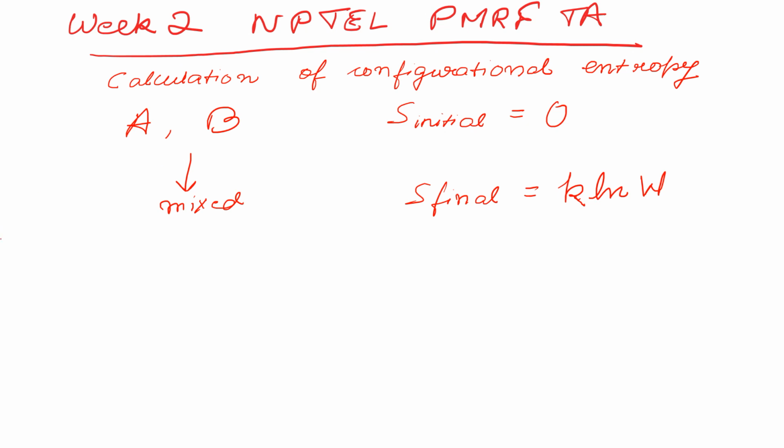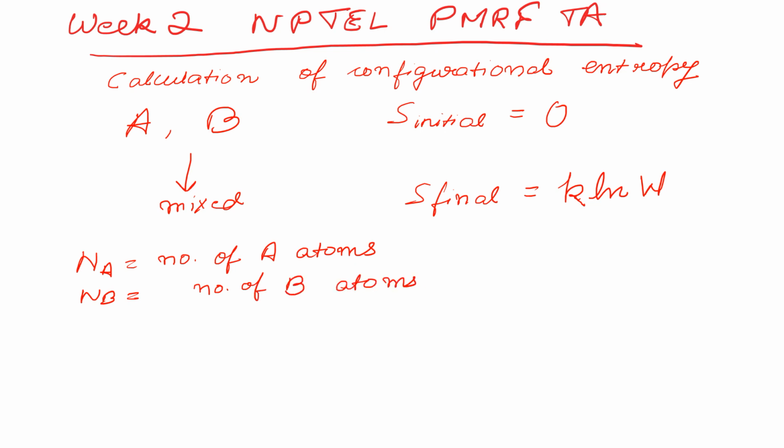So let's consider a system wherein we have Na number of A atoms and Nb number of B atoms.